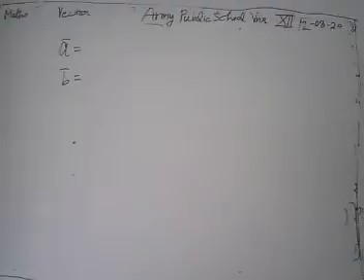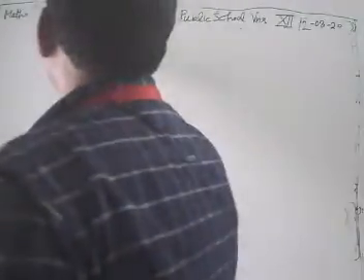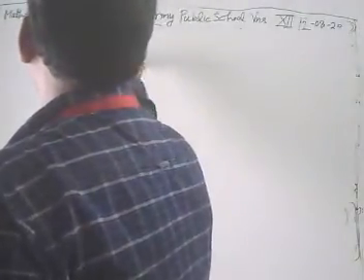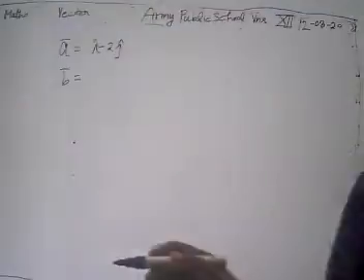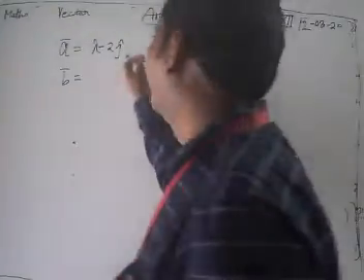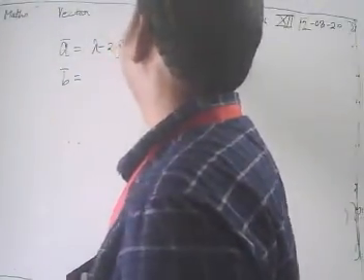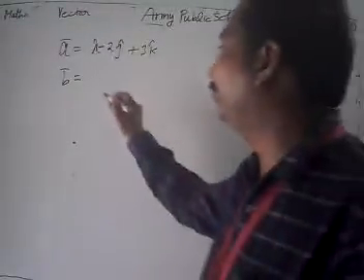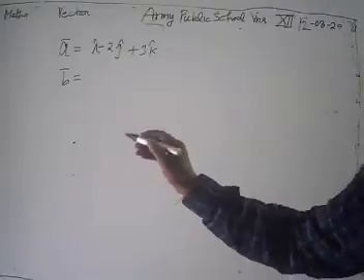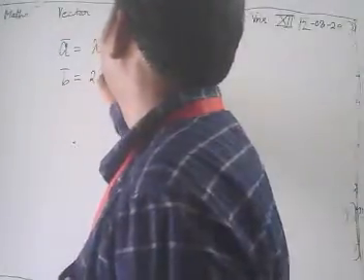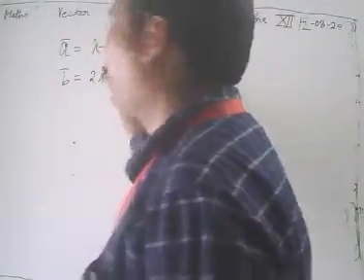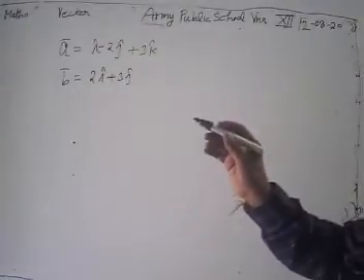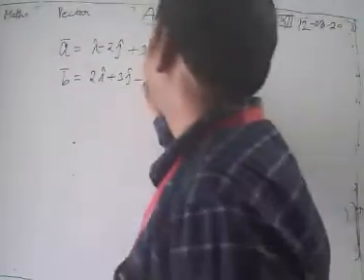Again, vector A is i cap minus 2j cap plus 3k cap, and vector B is given by 2i cap plus 3j cap minus 5k cap.